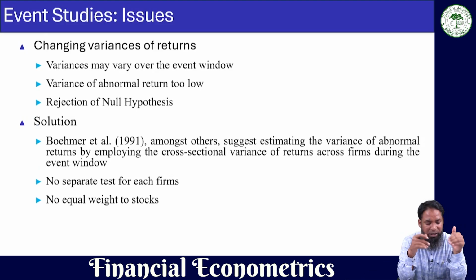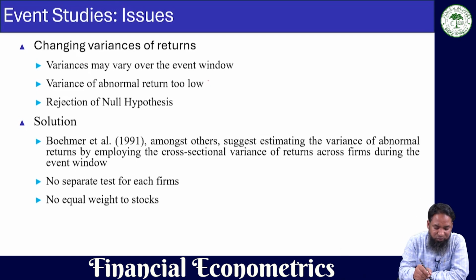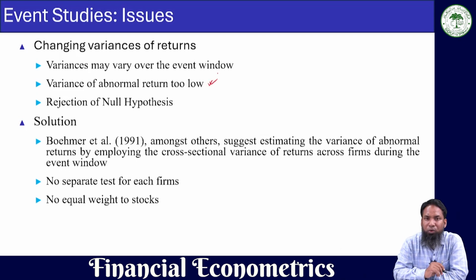Another issue we have is changing variances of the returns. Right now we have assumed that the variance of the returns remains the same across the event over time. However, if the variances are not the same, in that case the variance of abnormal returns will be too low.